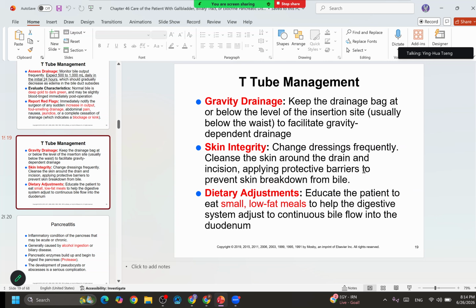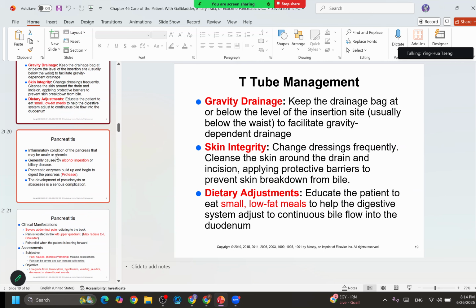No buffet for them. Don't bring them to the buffet. The bigger food will trigger your gallbladder to spasm again, because it needs to squeeze out all the bile. So they cannot eat big meals. Remember, NCLEX doesn't like big meals. They want small, frequent meals.